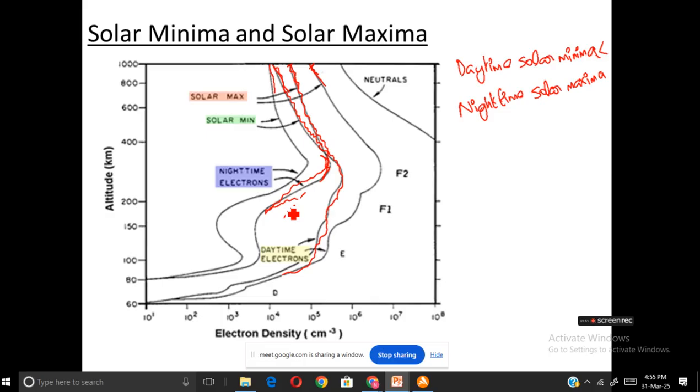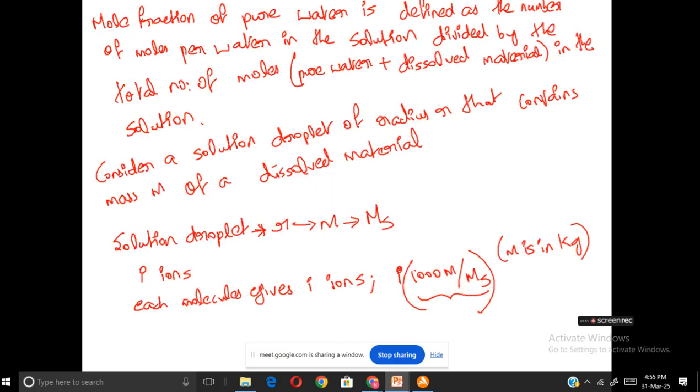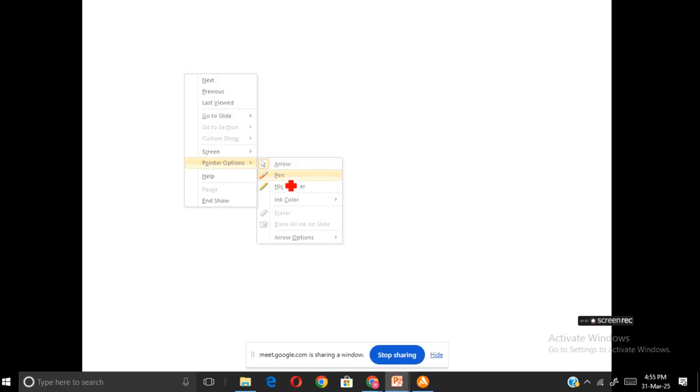Of the electrons. Now we will look at the different layers in more detail, the different layers of the ionosphere in a much more detailed way. So we saw the layers; first, the lowermost layer is the D layer.